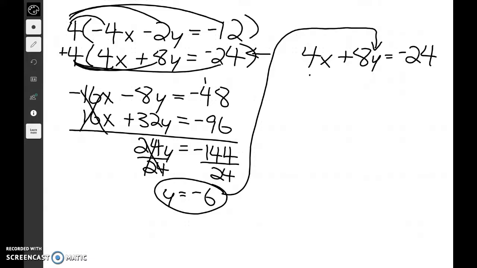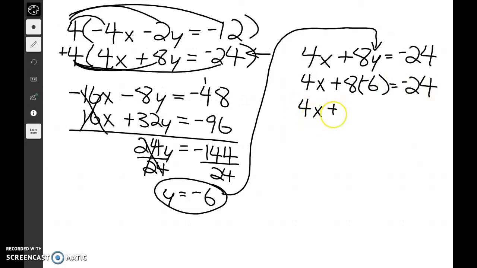So this is going to be 4x plus 8, and then y is negative 6, so I'm going to substitute in a negative 6 and get equals negative 24. So to work this out, I've got 4x plus 8 times negative 6, which is going to be negative 48, and that's equal to negative 24. From here, I can add 48 to both sides.